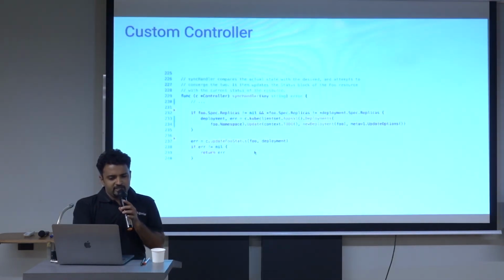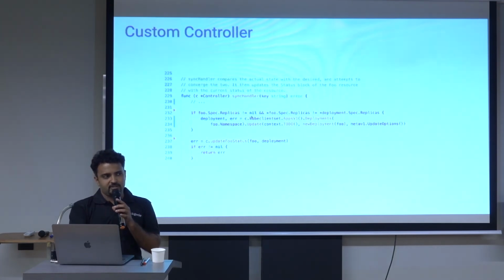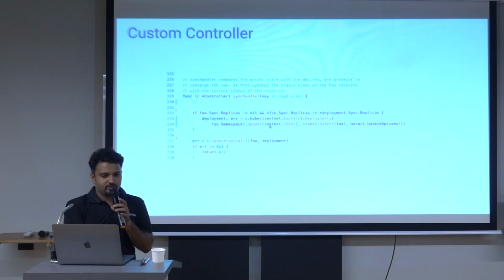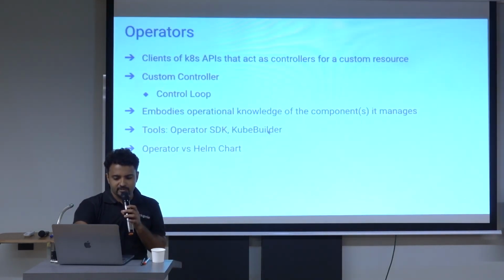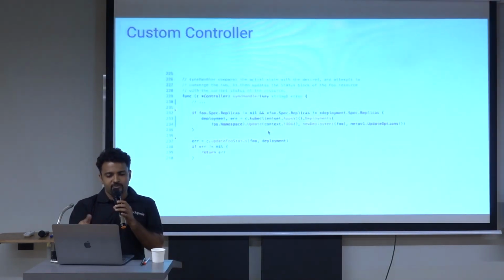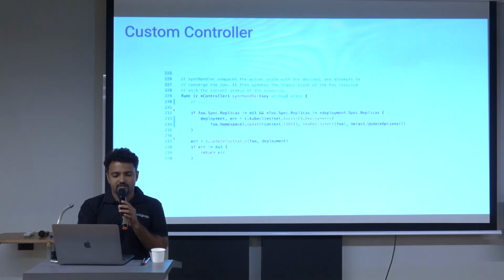When a change happens, it eventually goes on and checks, in our case, the number of replicas. So it checks the replicas here and updates the deployment associated with it. This is the reconciliation loop, or reconciliation logic, where it ensures the desired state is actually met.